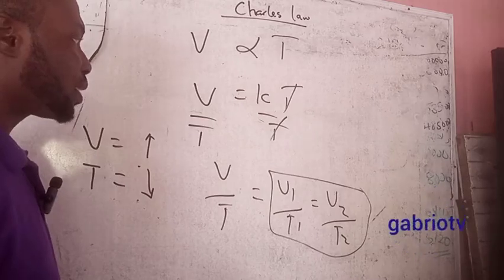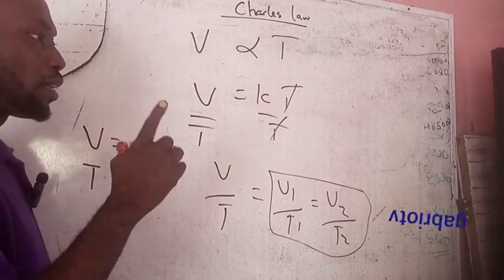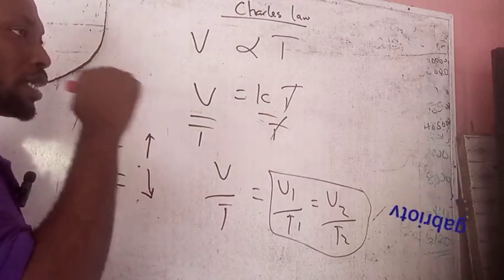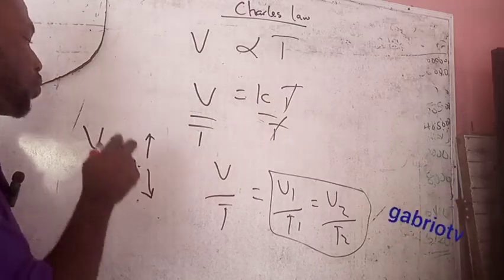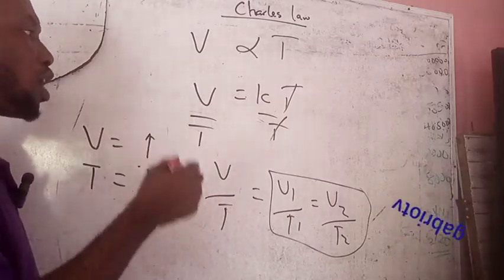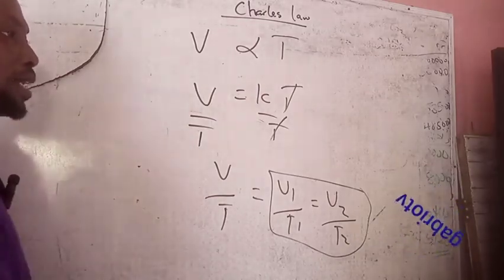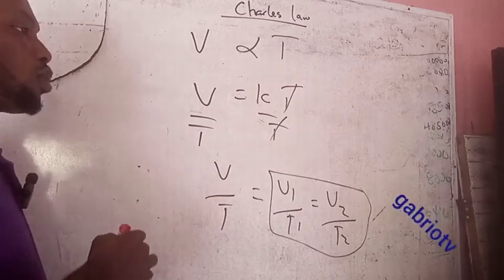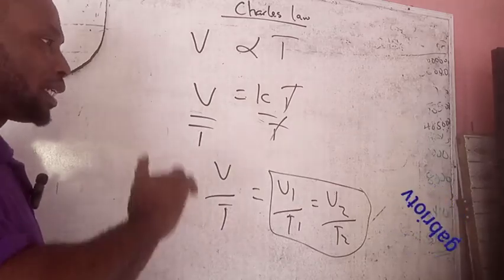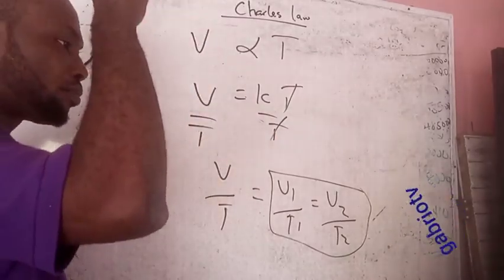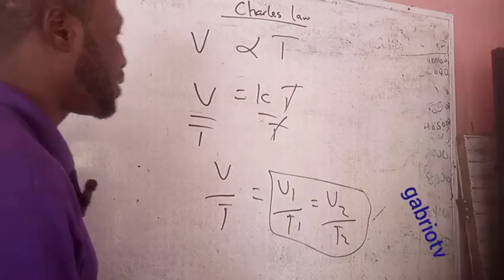So this is not like volume and pressure, where volume increases and pressure increases. But this one, when the volume increases, temperature increases. So if you are looking at a situation like the bicycle pump, for Charles law, it shows that when the volume increases, the temperature decreases, or when the temperature increases, the volume decreases. So that is the law.